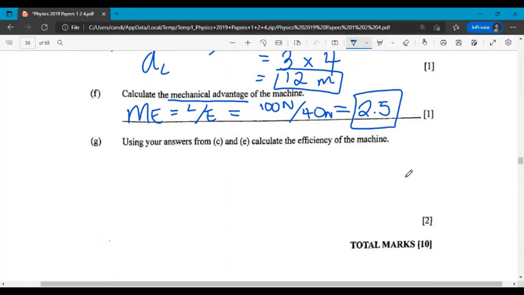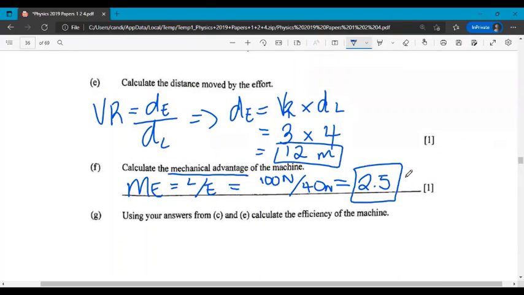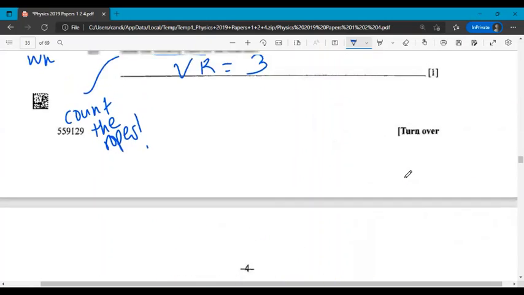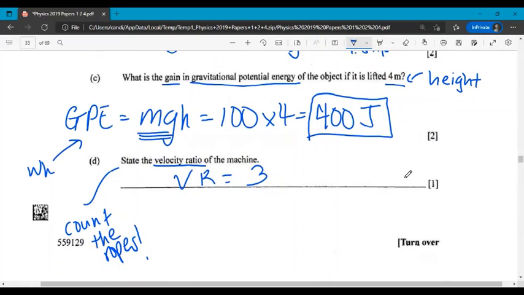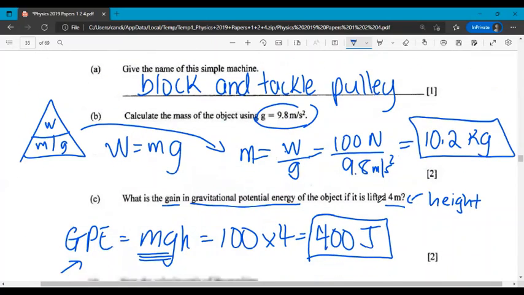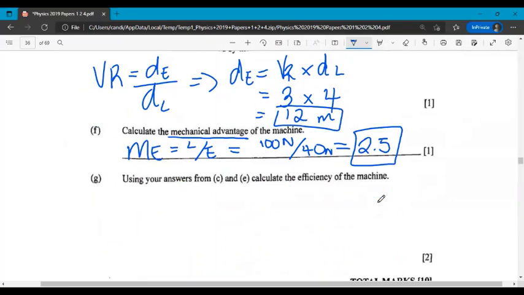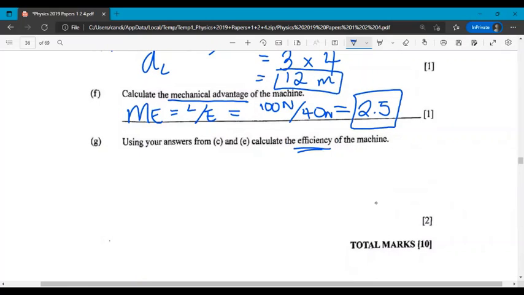All right, and finally, using your answers from C and E. Okay, so our answer from C, I think that should probably say using our answers from E and C and F. Right, so we're meant to calculate the efficiency. The relationship between efficiency, mechanical advantage, and velocity ratio is this one. Efficiency is equal to mechanical advantage over velocity ratio.